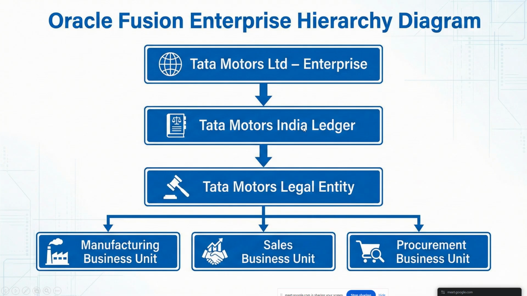As I said, the ledger level tells you how much profit you got, how much loss you got, and what revenue was generated.